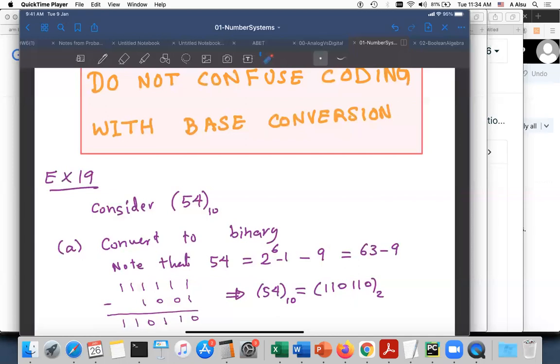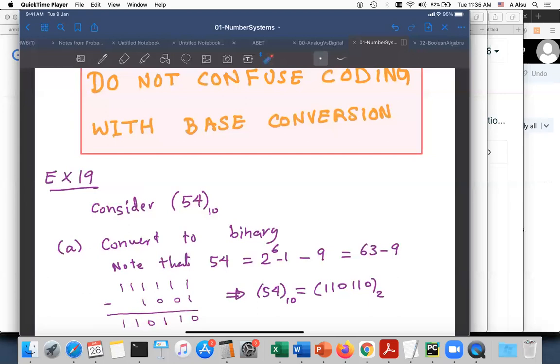Just subtract, and you get this number, which is 54. Or you can use the algorithm that you know already for the conversion, which is the division by 2 and collecting the remainders. But this is a shortcut for me.